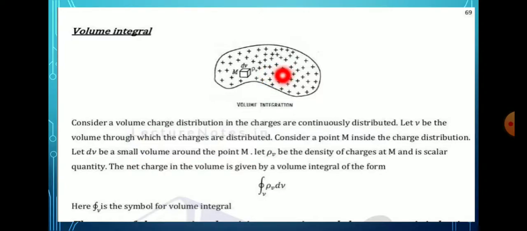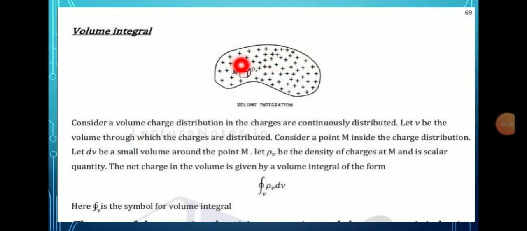Consider an elementary volume. Let us consider one small volume at the point M. Let the charge density at M be rho of v. Here rho is represented as the charge density and J is represented as the current density. Rho is the charge density at the point M, and it is a scalar.